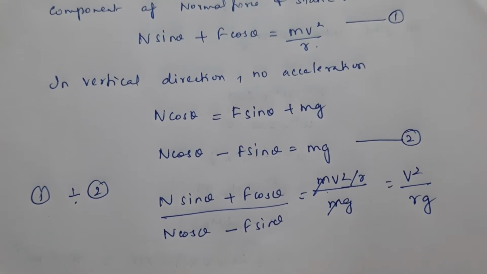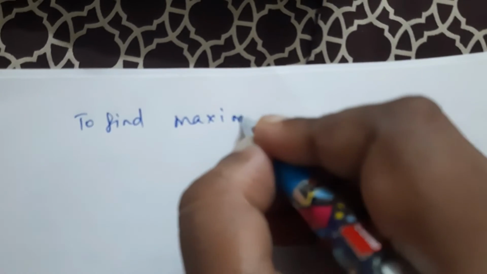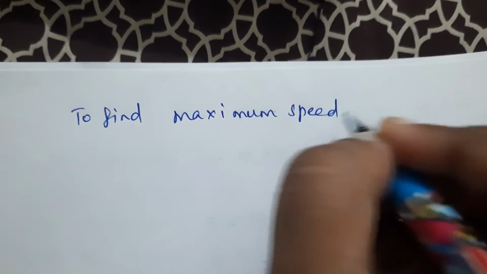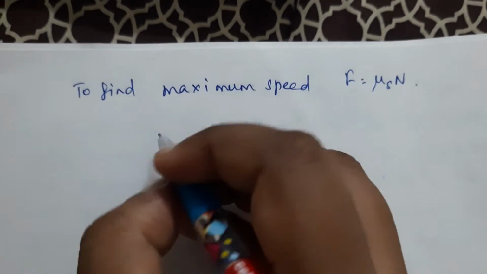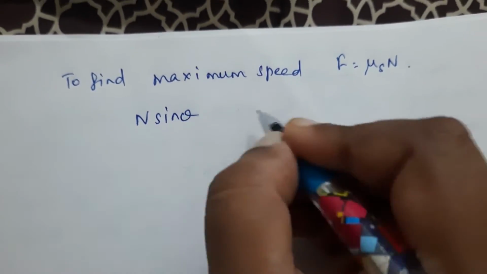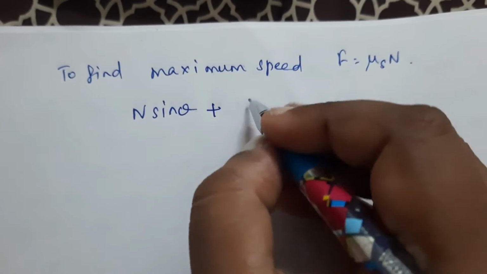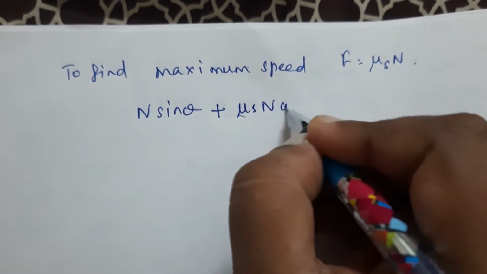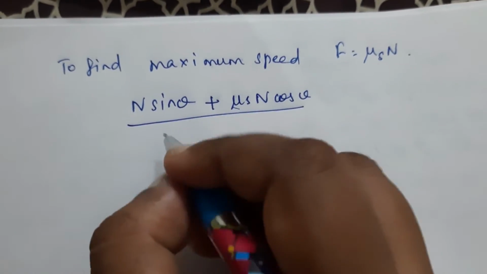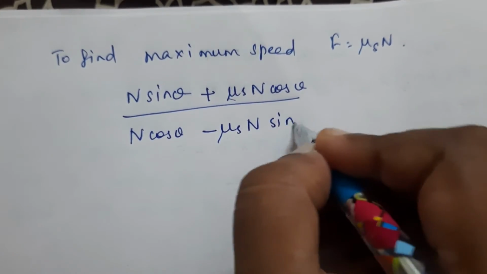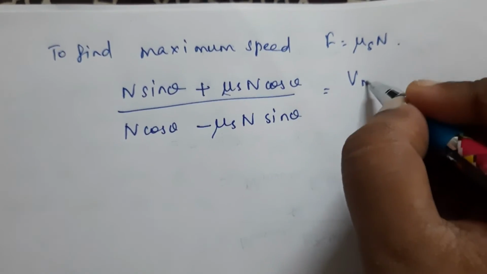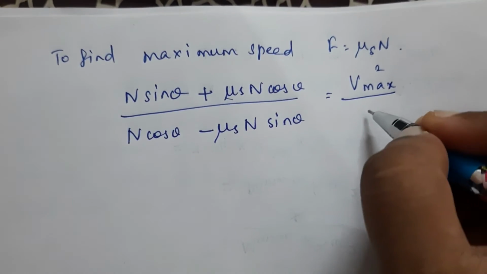Now to find maximum speed, for f I am using mu s n. So I can write the equation as n sin theta plus mu s n cos theta by n cos theta minus mu s n sin theta, which is equal to V maximum square by Rg.